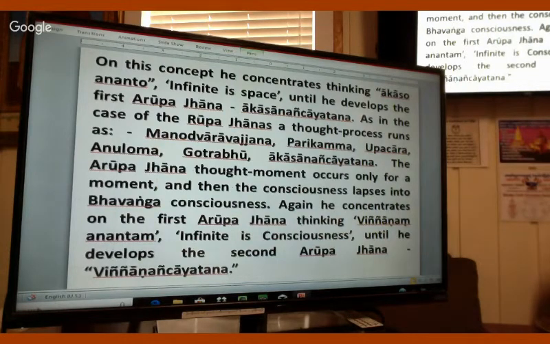So here the thought process: Nodravacana, Parikamma, Upacara, Anuloma, Gotrabhu. So Gotrabhu is the last sense-sphere consciousness, Kamavacara citta. Yeah. Change the lineage after that into Formless-sphere jhana. Akasanancayatana. So the Arupa jhana thought moment is only for one moment. Just for one moment. Not too long.